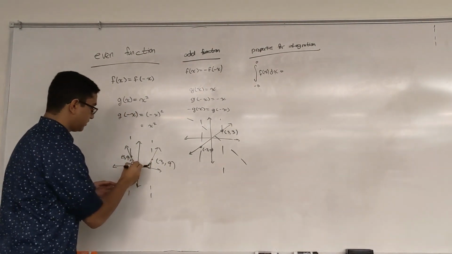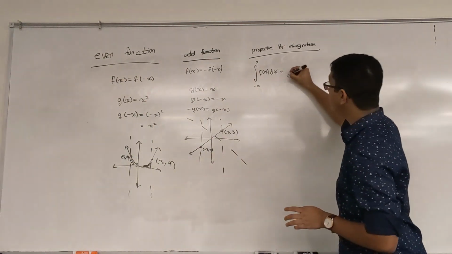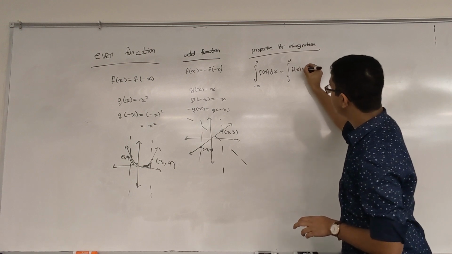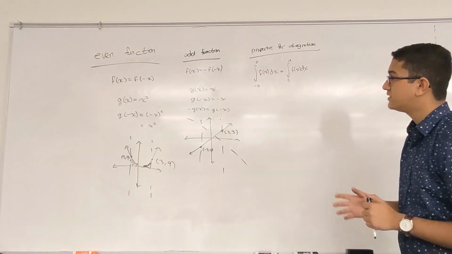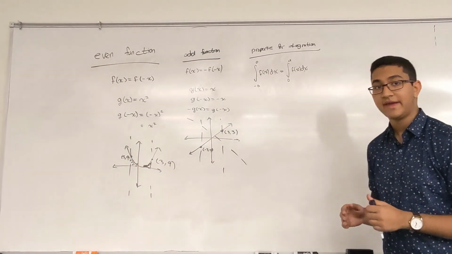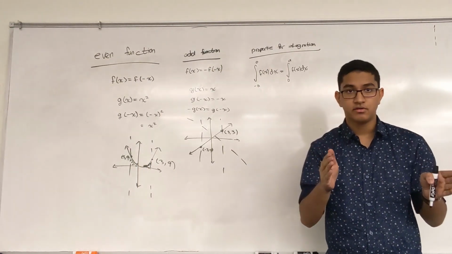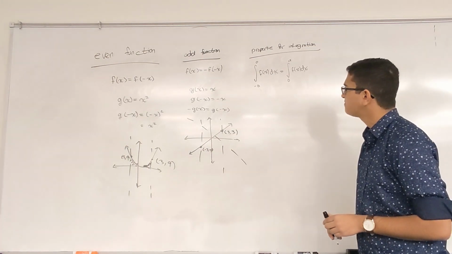So, this graph is a little bit messed up, but this is going to be equal to the integral from 0 to a of f of x dx. Okay? It shows that any integral from -a to 0 is going to be the same as the integral from 0 to a, and that's simply because of the symmetry.